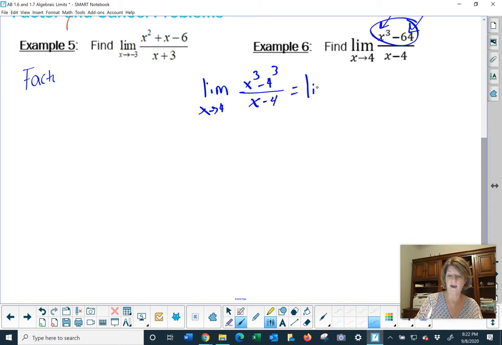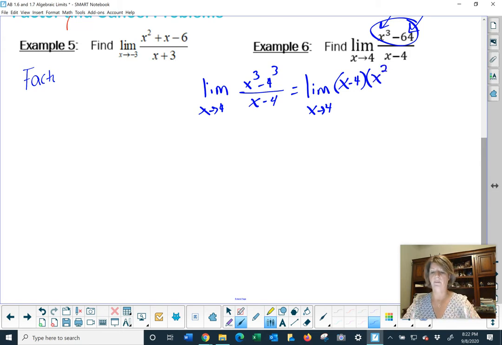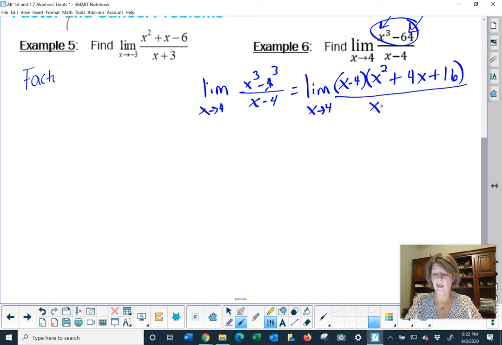Do a little bit of factoring on top, and it's a minus b, so x minus 4. Then it's a squared, so in this case x squared, plus a times b, so I'd have x times 4, so 4x. And then last thing squared, b squared, so I'm going to square that 4 and get 16 all over x minus 4.